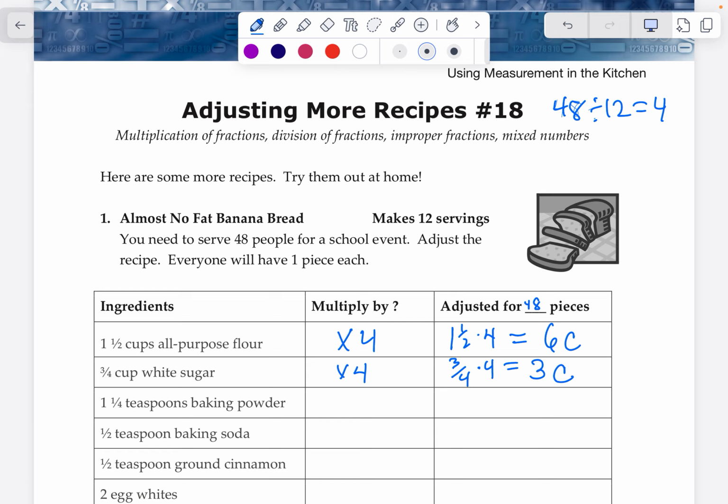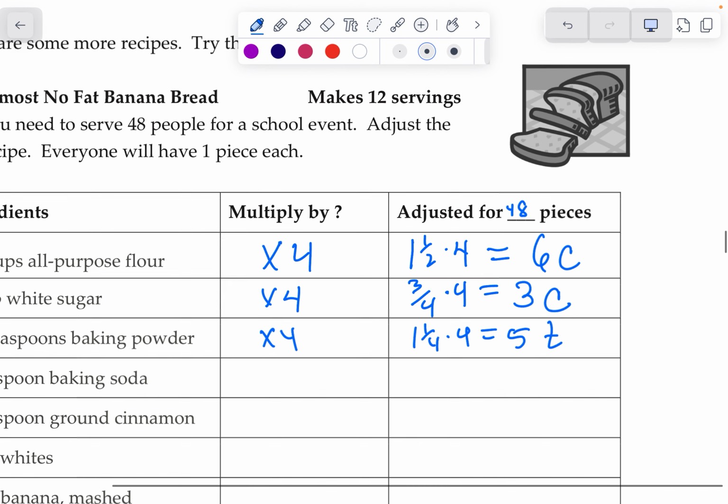Now, the bottom one here is teaspoons. And so if we multiply by 4, 1.25 times 4 is 5, and you can put teaspoons. Now, I'll give you a little bit of bonus. If it's able to be round up to the next larger unit, for cups, you can go to the highest cup.